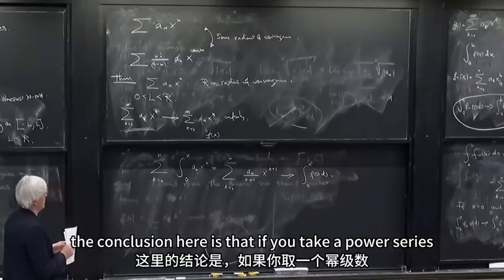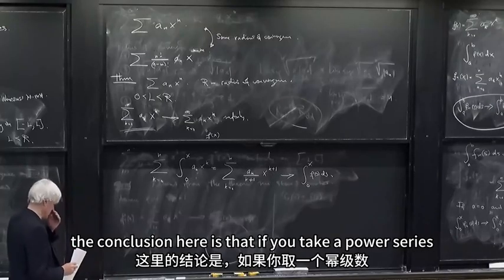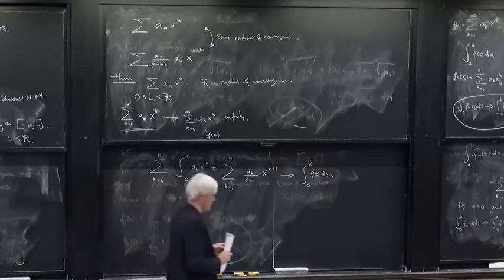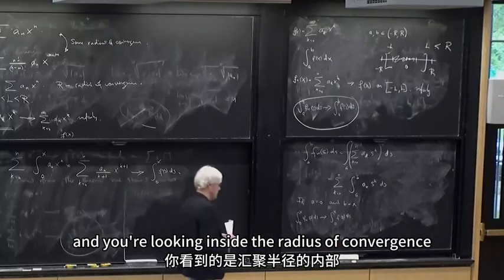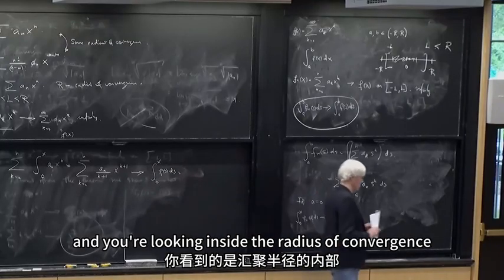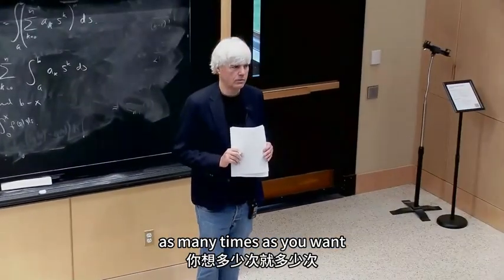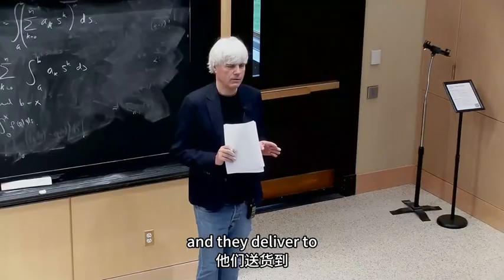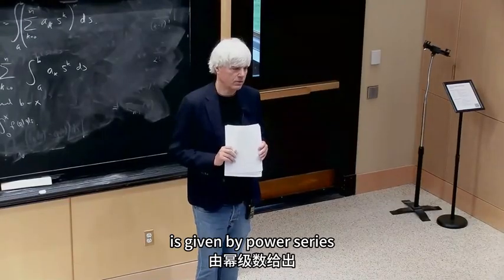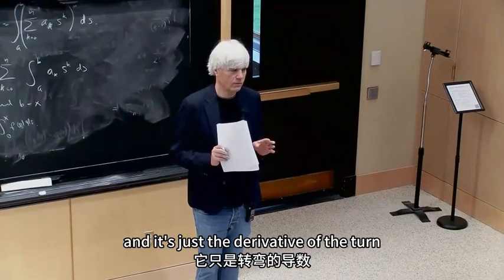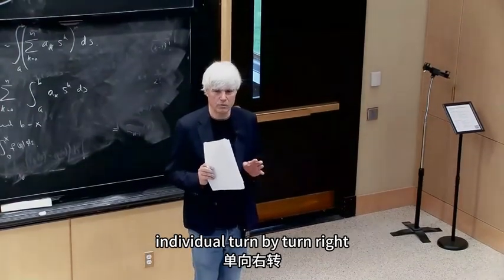So the conclusion here is that if you take a power series and you're looking inside the radius of convergence, then the power series is differentiable as many times as you want. And the derivative is given by a power series, and it's just the derivative of the individual terms, term by term.